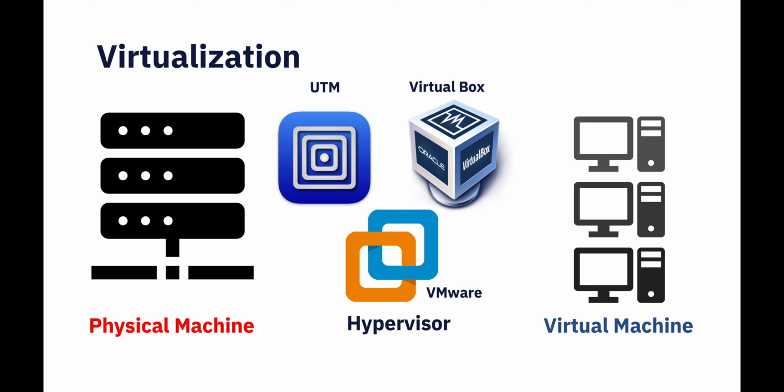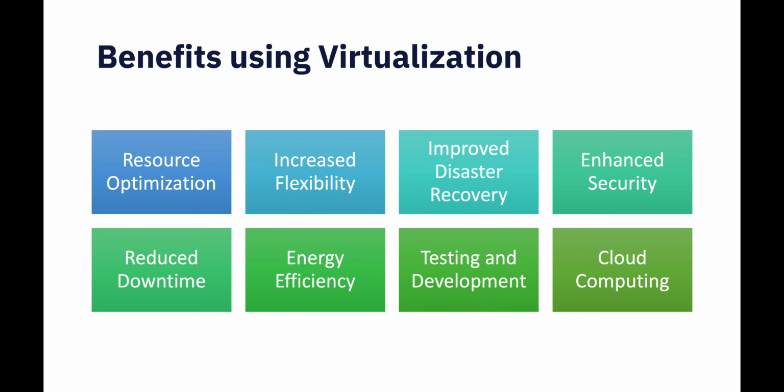There are other hypervisor software in the market such as VirtualBox and VMware. And briefly, the benefits of using virtualization are resource optimization, increased flexibility, improved disaster recovery, enhanced security, and many more.